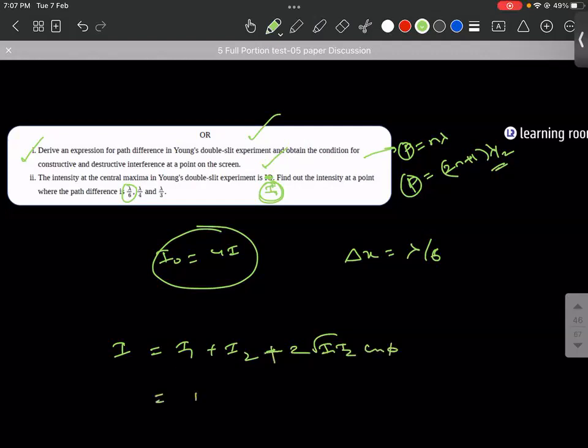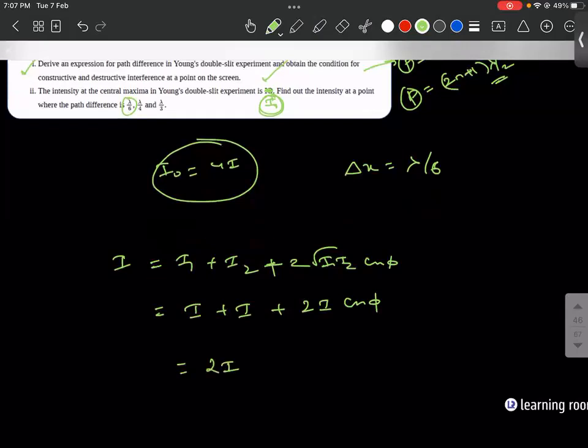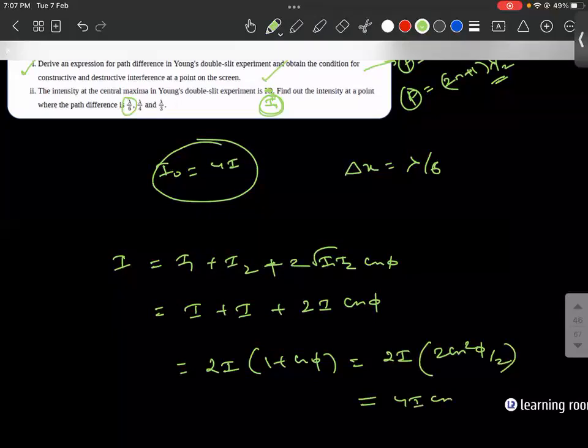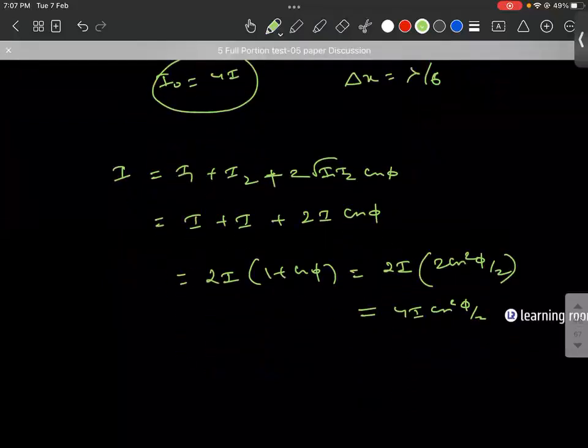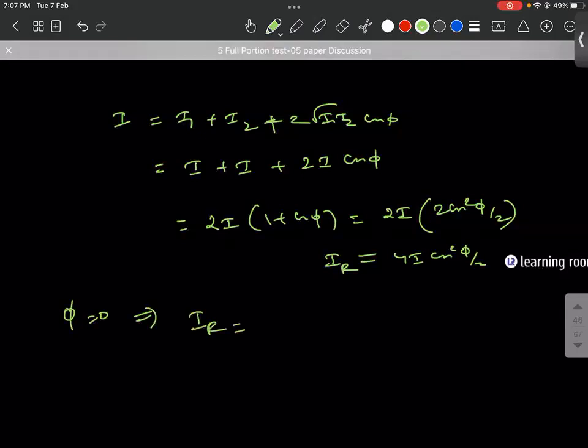If I take I1 to be I and I2 also to be I, it is 2i plus 2i cos phi, so 2i into (1 plus cos phi). That is 2i into 2 cos square phi by 2, which is 4i cos square phi by 2. This is the resultant intensity. At the center, phi is 0, which implies IR is equal to 4i. That is I naught.